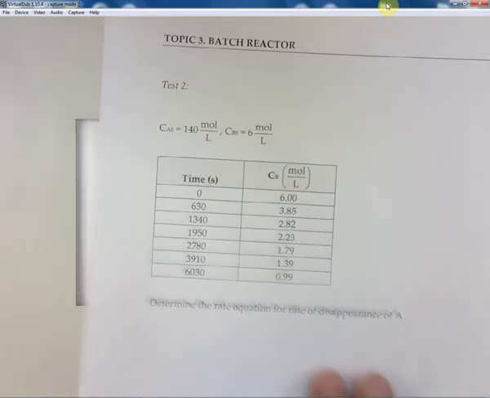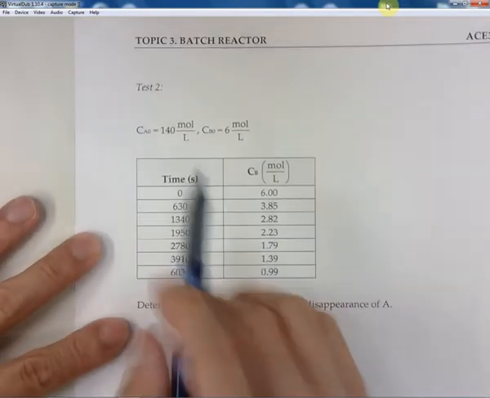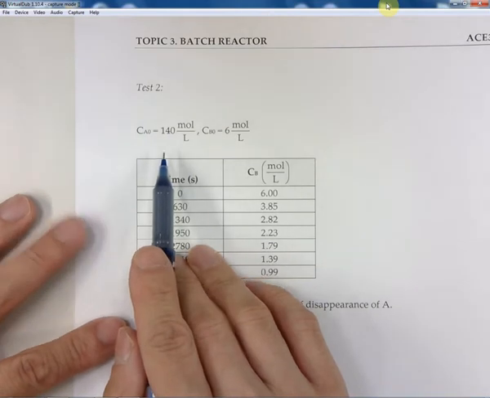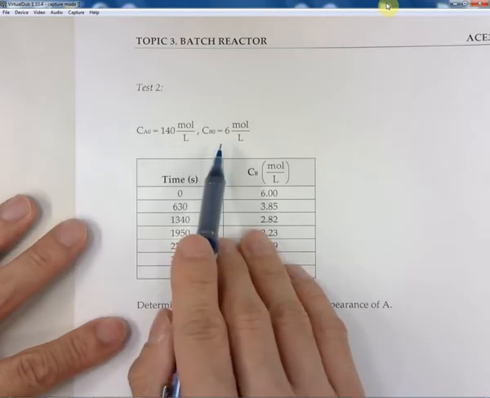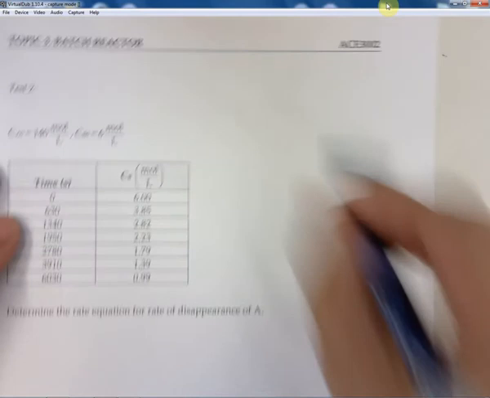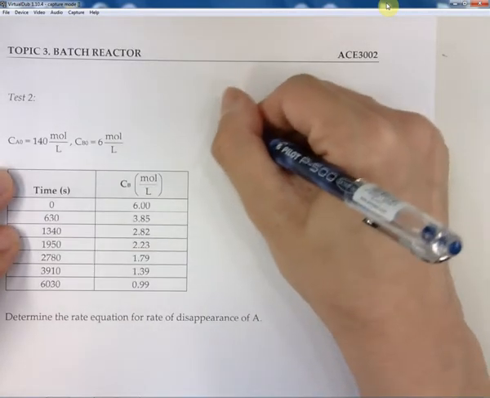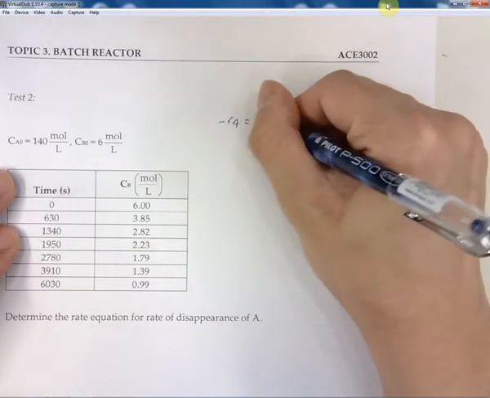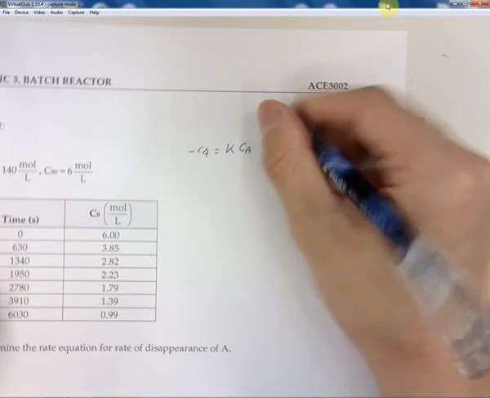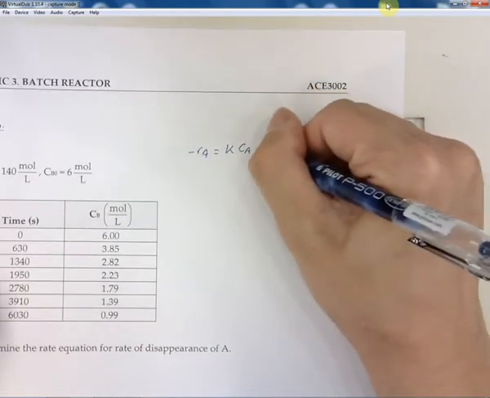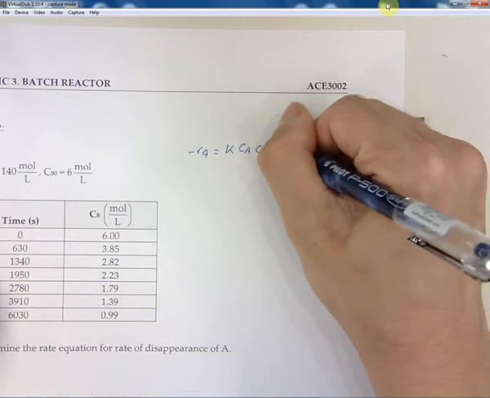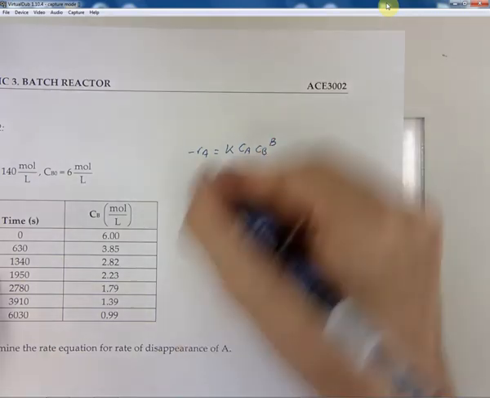With this, we move on to the second test, where now Ca naught is in excess compared to Cb naught. We go back to the rate law equation, where k Ca to the alpha, with alpha is 1, Cb to the beta.